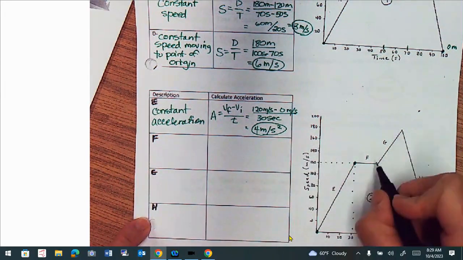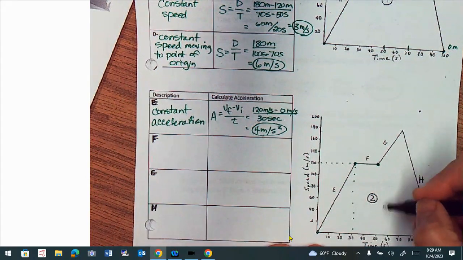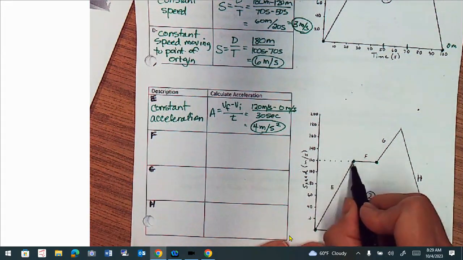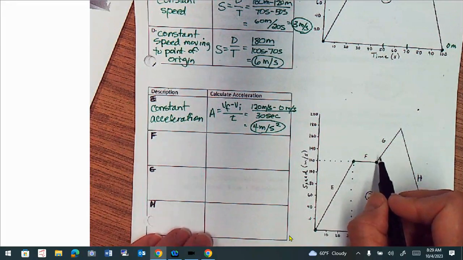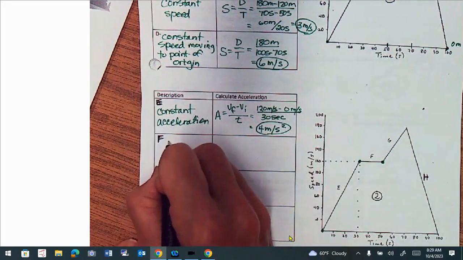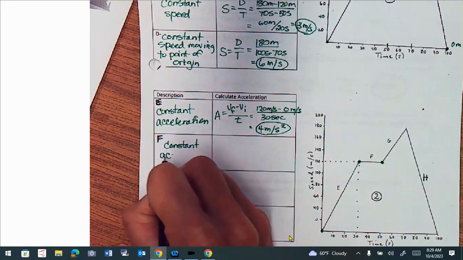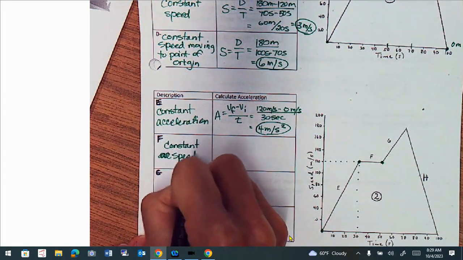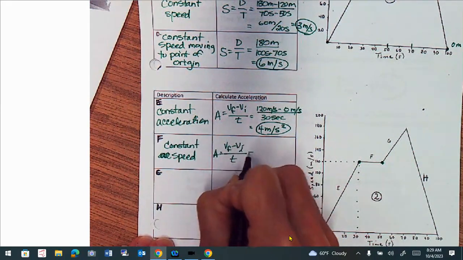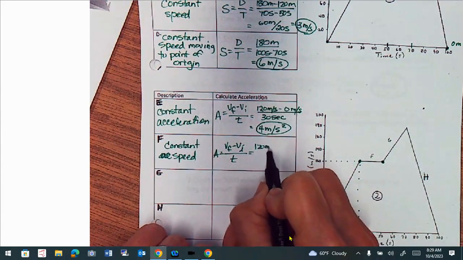For F, we know as this time goes by that the object's speed is not changing. It's still 120 meters per second. So when we calculate the acceleration with a constant speed, we have no acceleration. And we can prove that with the formula. Final velocity is 120 meters per second.